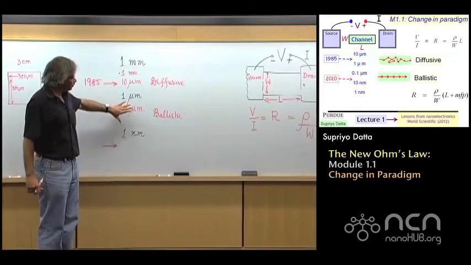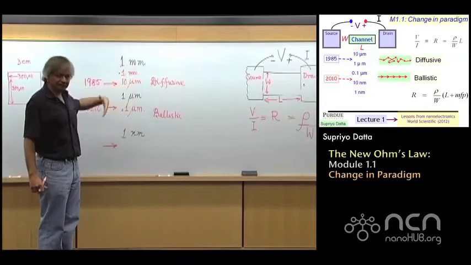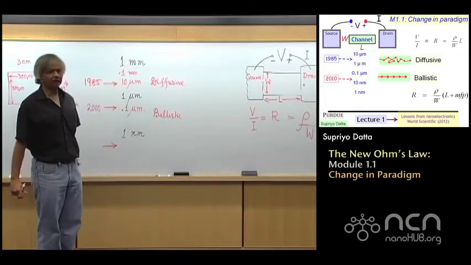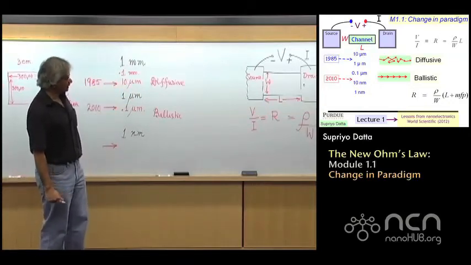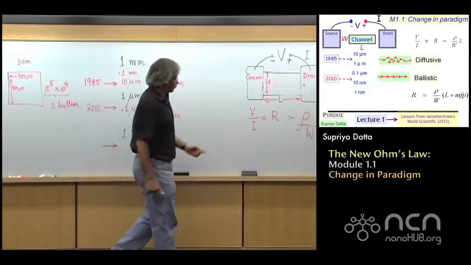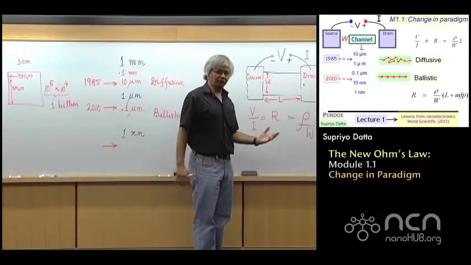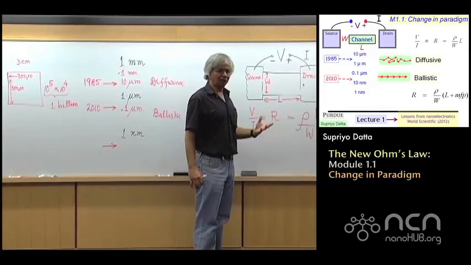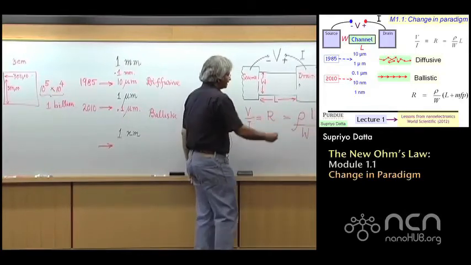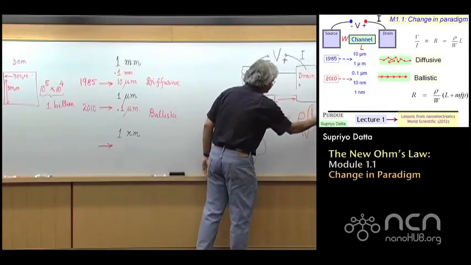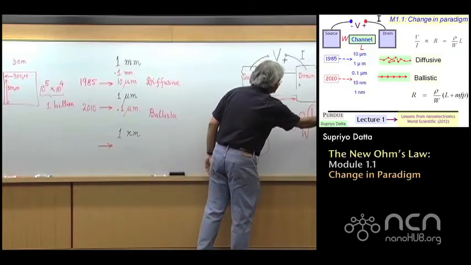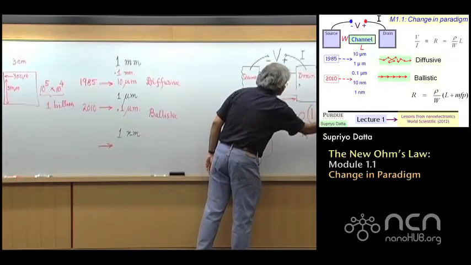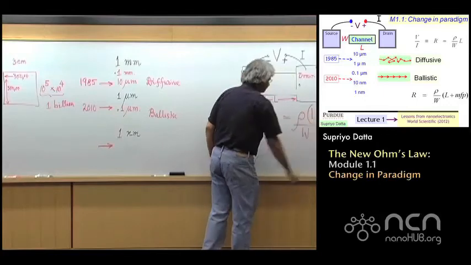And what is clear now, and this is what we'll be talking about this week, is that one way to incorporate what we now know about small resistors is that instead of this L, it's like L plus something.